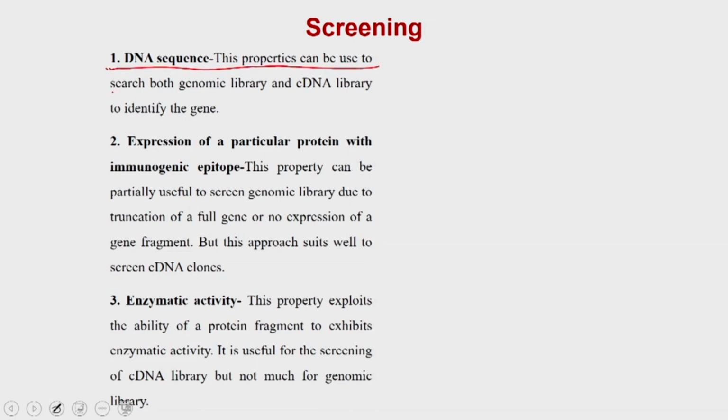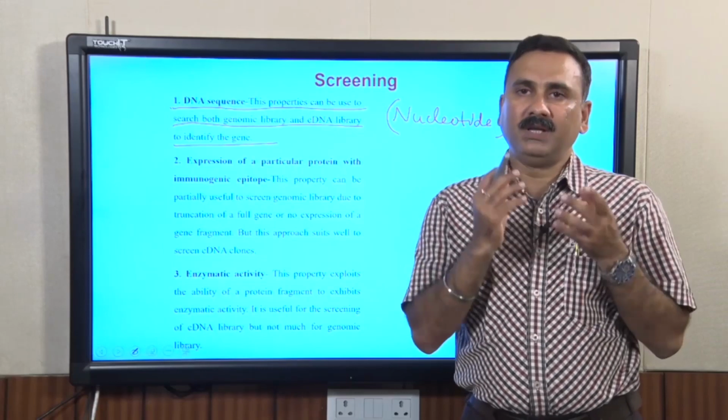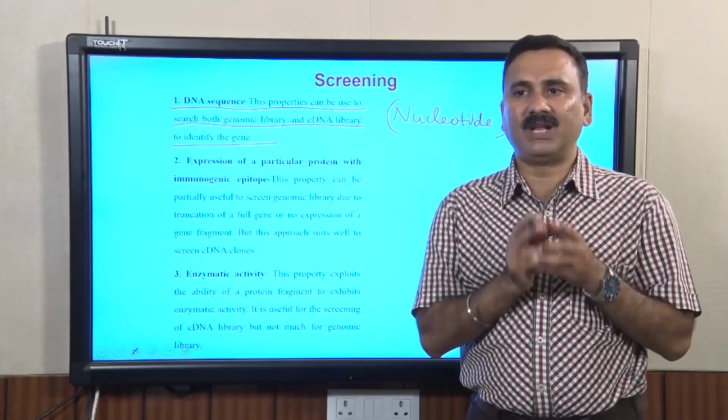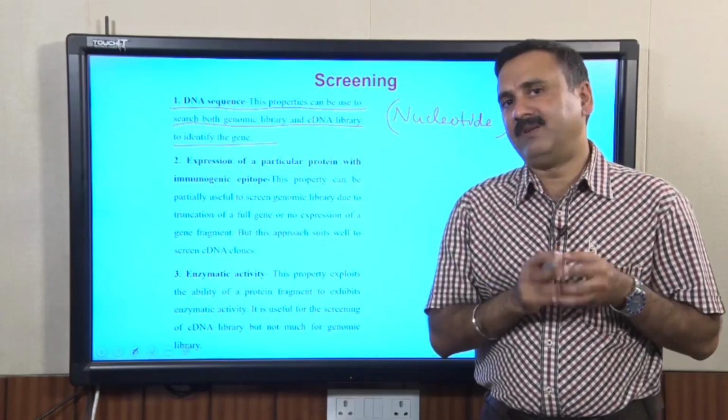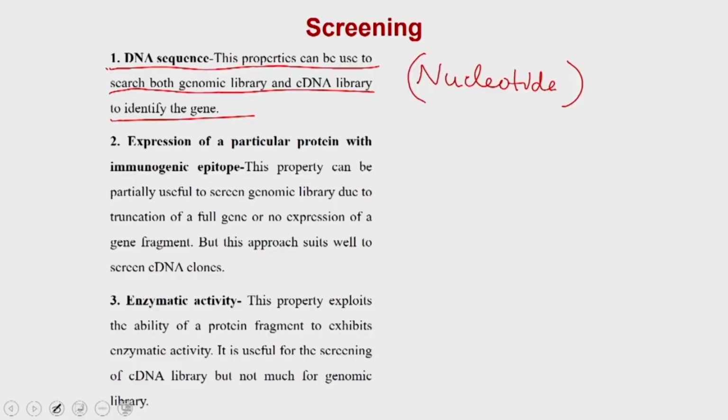DNA is a sequence made up of nucleotides, and the arrangement of nucleotides in a particular stretch of DNA is very specific, especially if you are talking about the nucleotide sequence of a small stretch of DNA. So, that is very specific. Similarly, the protein also has immunogenic epitopes.